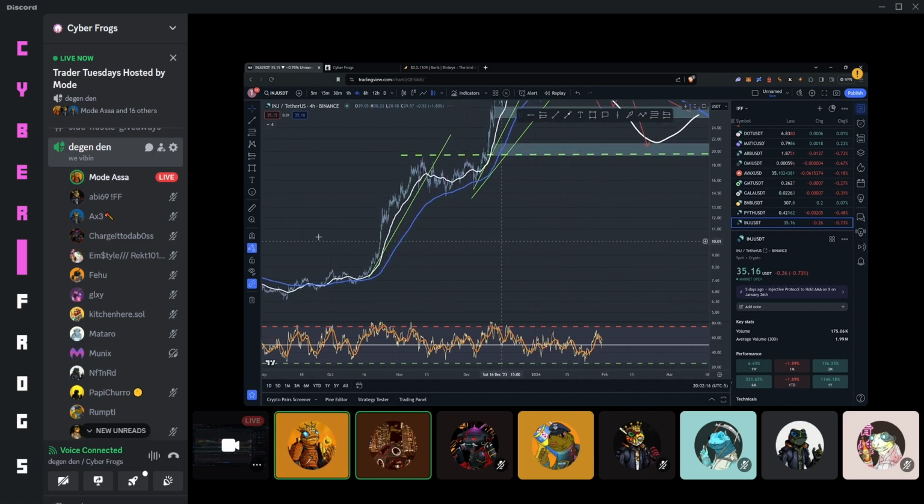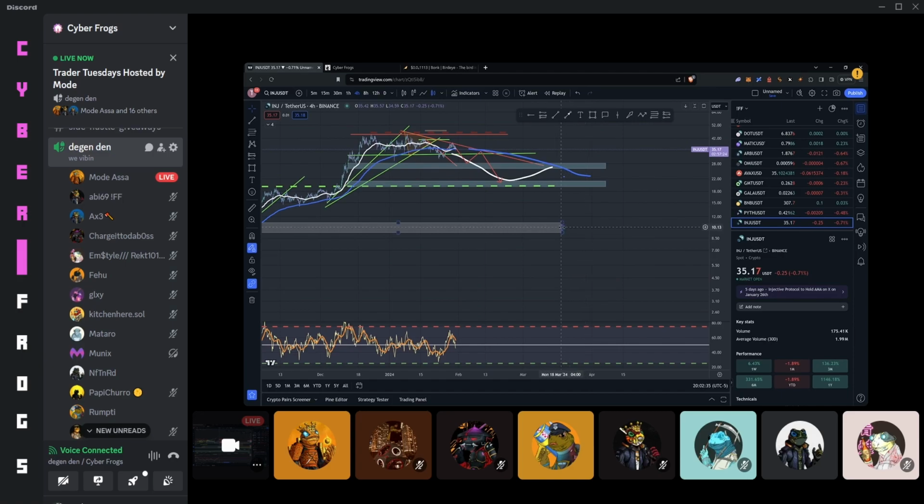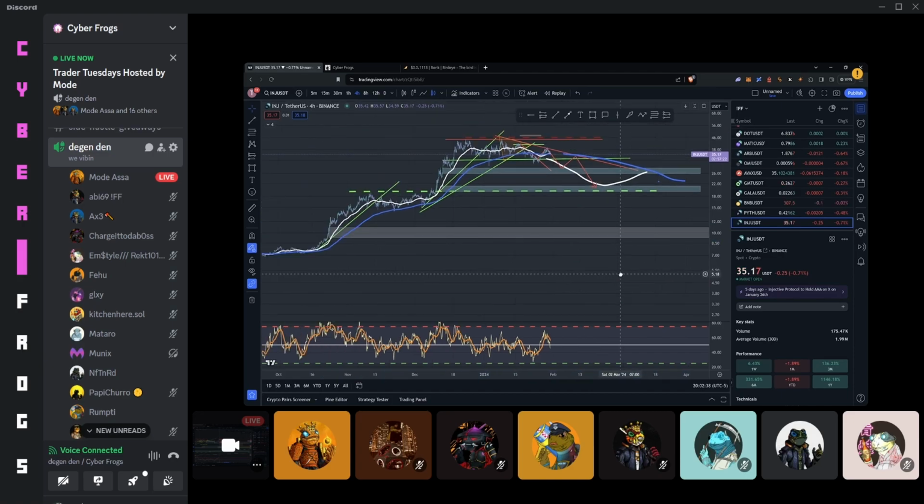Could go back here. If Sol goes down that far, Injective's going back down to 9, 10. Down to this big zone.